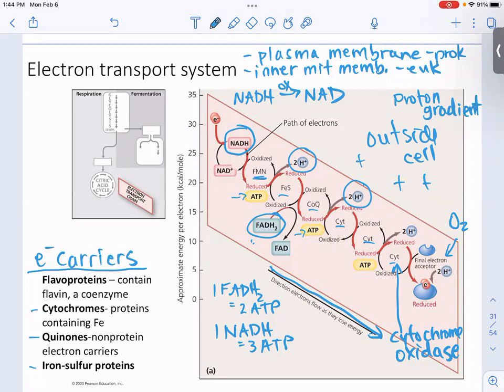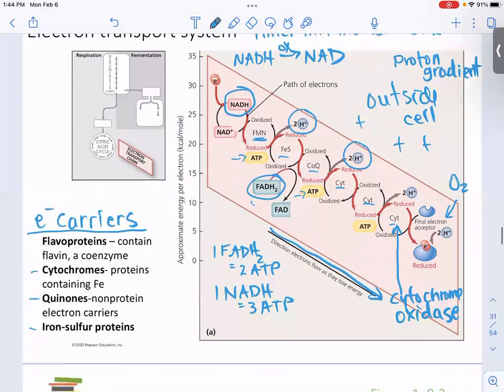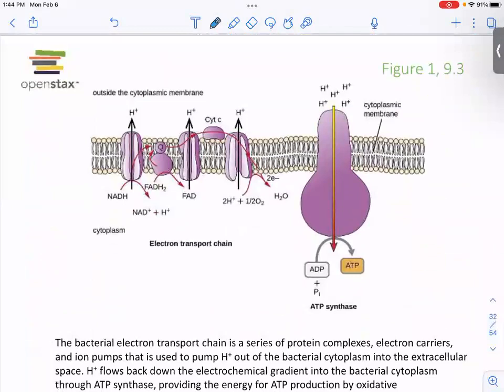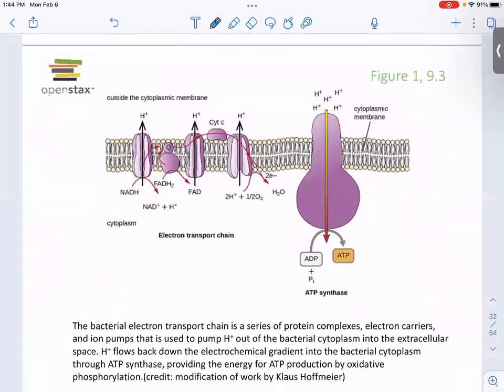Okay, so keeping all that in mind, here's the figure from your textbook that's a little bit better at showing some other things. So it doesn't show as many electron carriers there. That's okay. Here's outside and inside the cytoplasm, inside the cell.